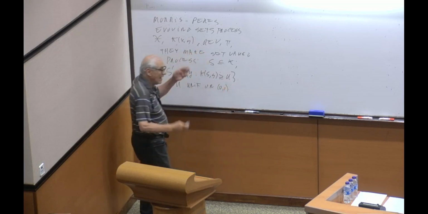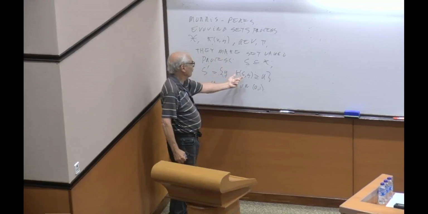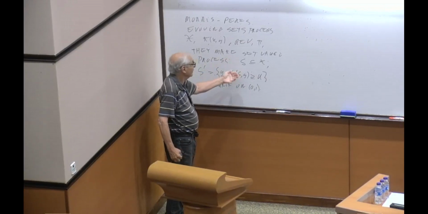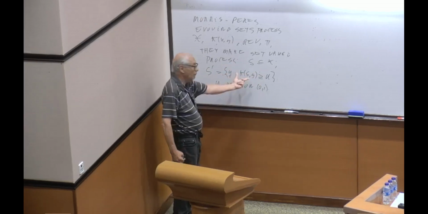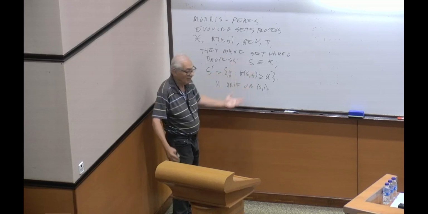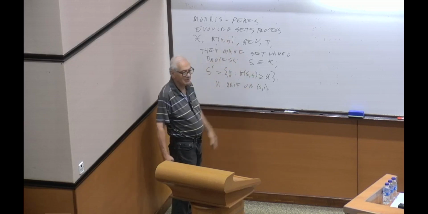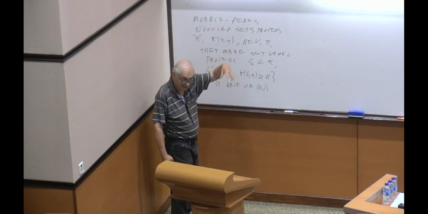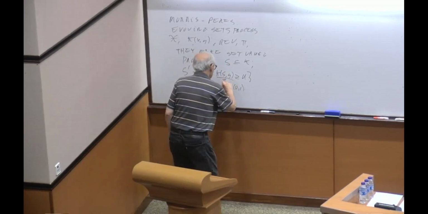So at each step, you pick independently a uniform u, and you look at the set of all y's such that the chance of getting from S to y is bigger than u. That's some set of y's, and of course it could be empty. It's possible it's empty, in which case the process is absorbed. And so that's the evolving sets process. Oh, I forgot pi, pi of y.